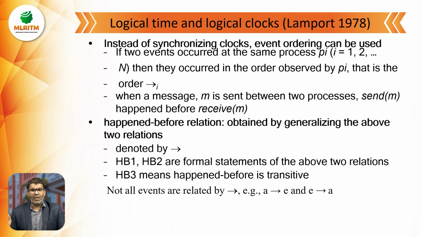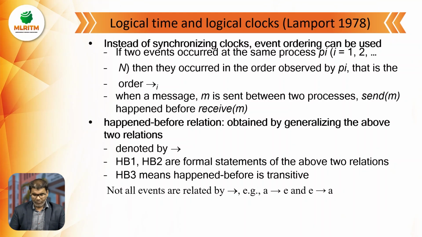When a message m is sent between two processes, sending m happened before receiving m. Sending m sends the request message, and receiving sends the response message, meaning the response happens only after the request is sent.